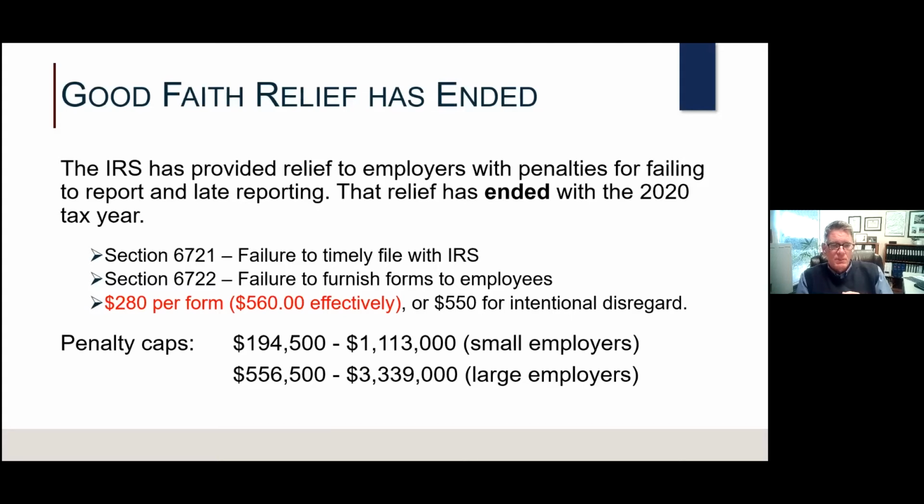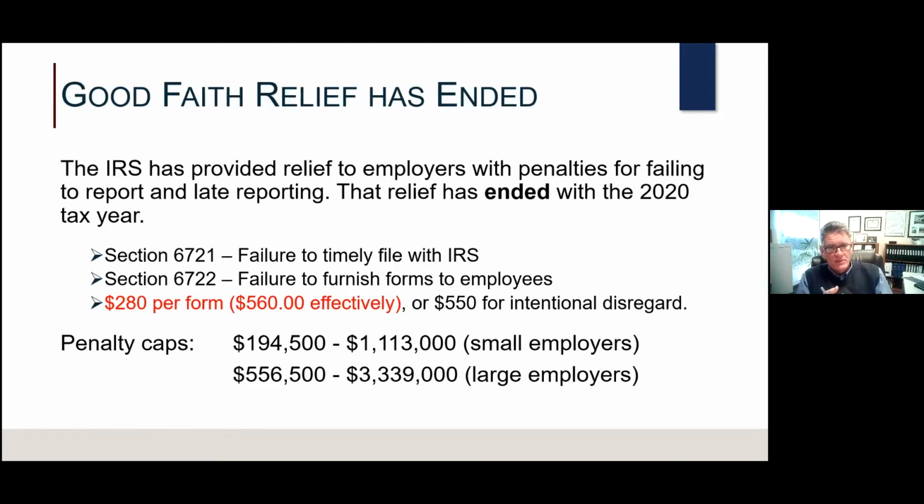In addition to the penalties for failing to offer coverage and also failing to offer affordable coverage, there are other penalties that people are often not aware of, and this has to do with the filing of your reporting. There's two sections of the Treasury Code which have separate penalties attached to each.